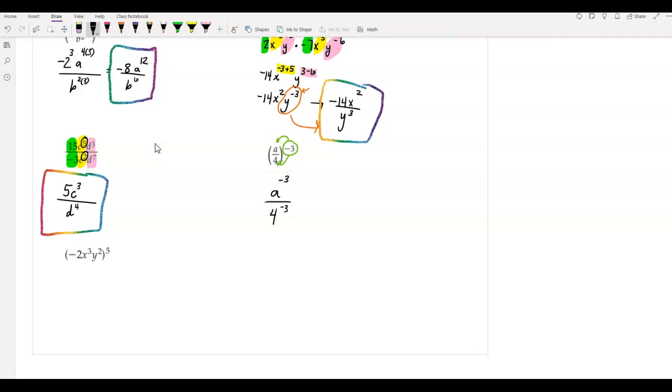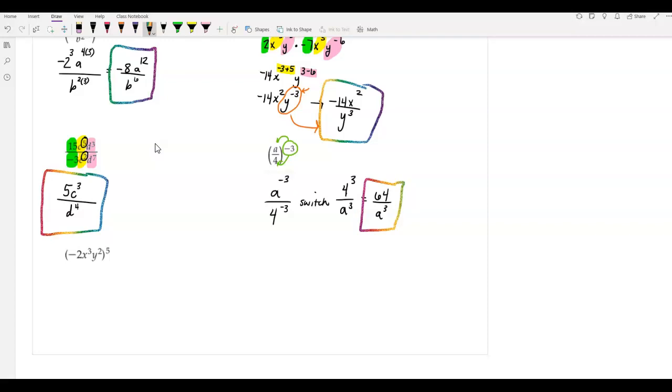Well, these both have negative exponents, which means they both have to switch positions. So I'm going to make a note. We're going to switch because they're both negatives. And now we have 4 cubed over a cubed, which is 64 over a cubed. Remember, we are not allowed to have negative exponents.